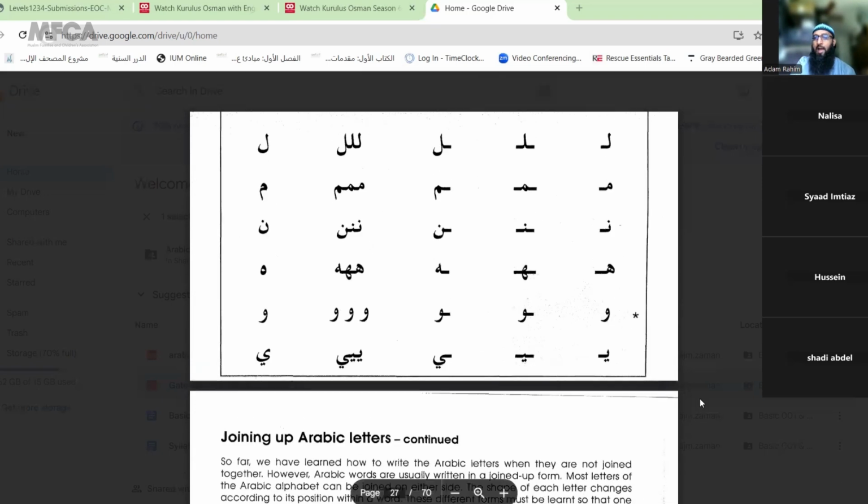Those letters do not connect to anything which comes to the left of them. That's why you see wow, the way it's written in the beginning, nothing connects after it. In the middle and at the end, it shows that something can be connected before it, but nothing can be connected after it.